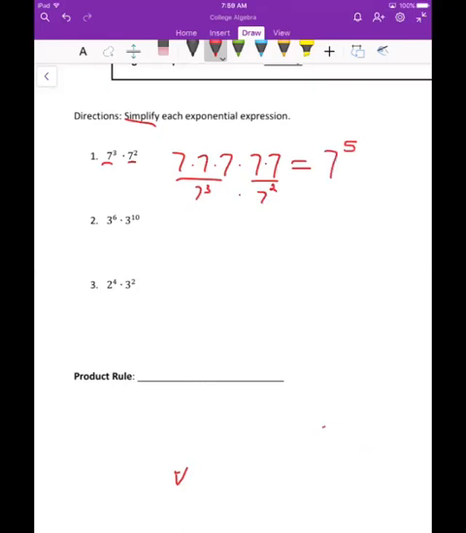So 7 cubed times 7 squared becomes 7 to the 5th, and we can simplify that expression to just be one exponential term. Can you see what's happening there? We took 3 7s and 2 7s to become an exponent of 5. So we are adding those exponents together.